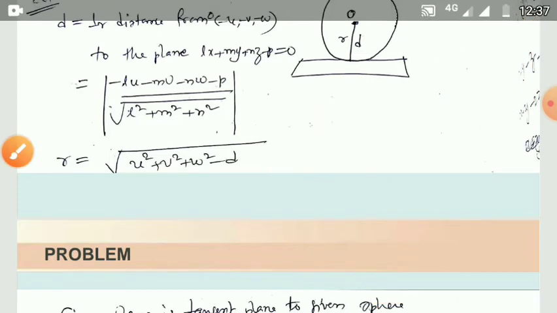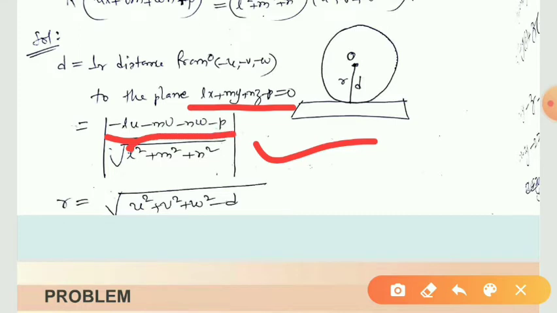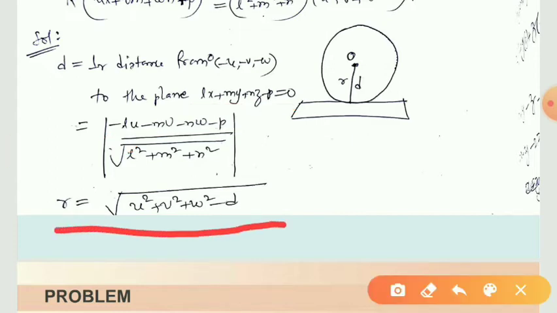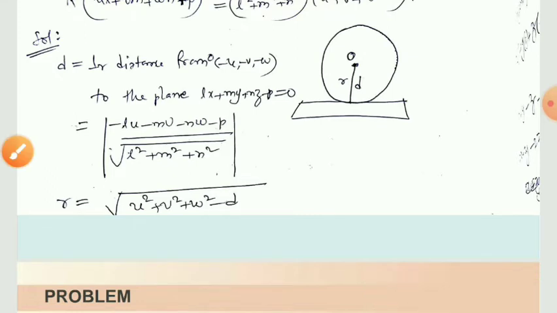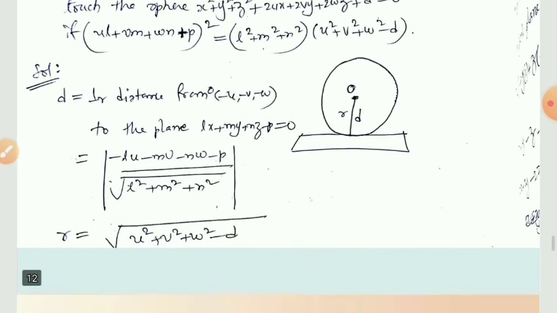Therefore, by applying this principle, this is the perpendicular distance: L into minus u, that is minus Lu minus Mv minus Nw minus p by root L square plus M square plus N square. And R is the radius of the sphere, that is equal to root u square plus v square plus w square minus d.